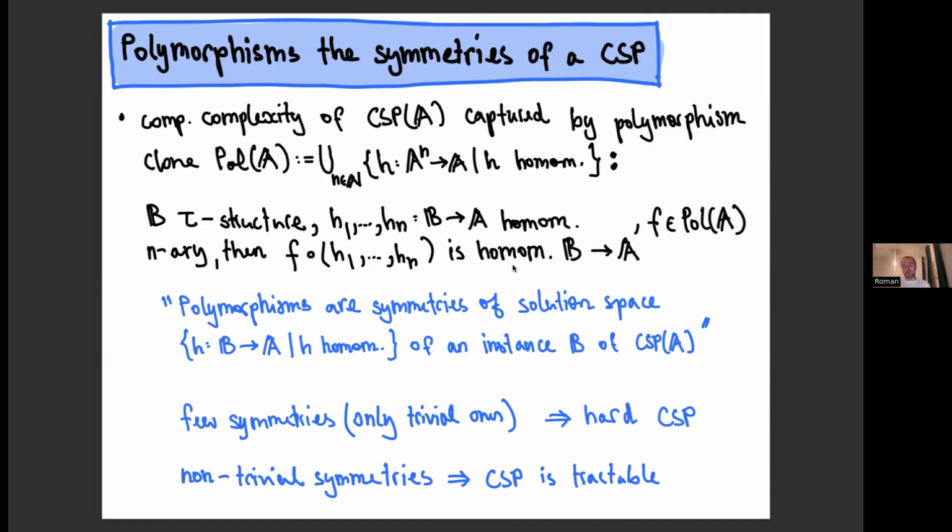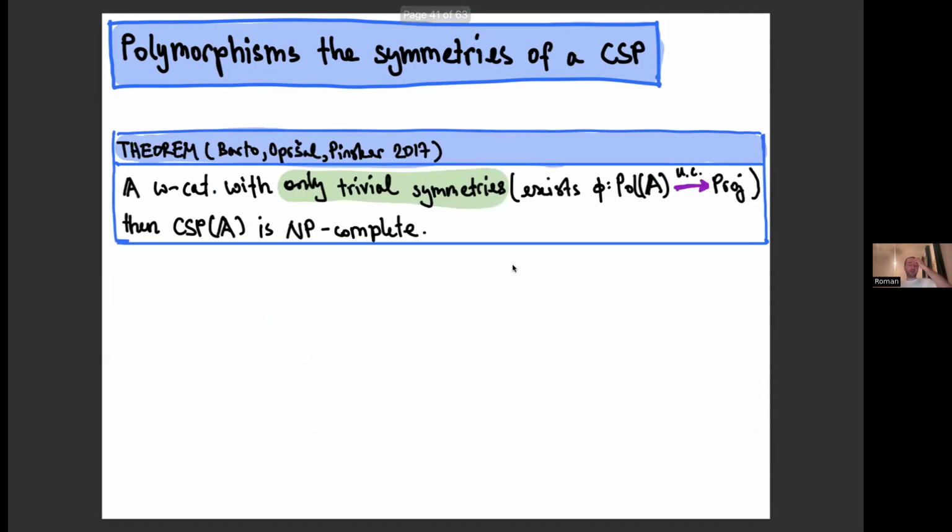So yeah, this is sort of the hand wavy explanation, and this can actually be made precise by this theorem from 2017. If you have an omega categorical tau structure A, omega categorical here sort of is an approximation of finiteness.